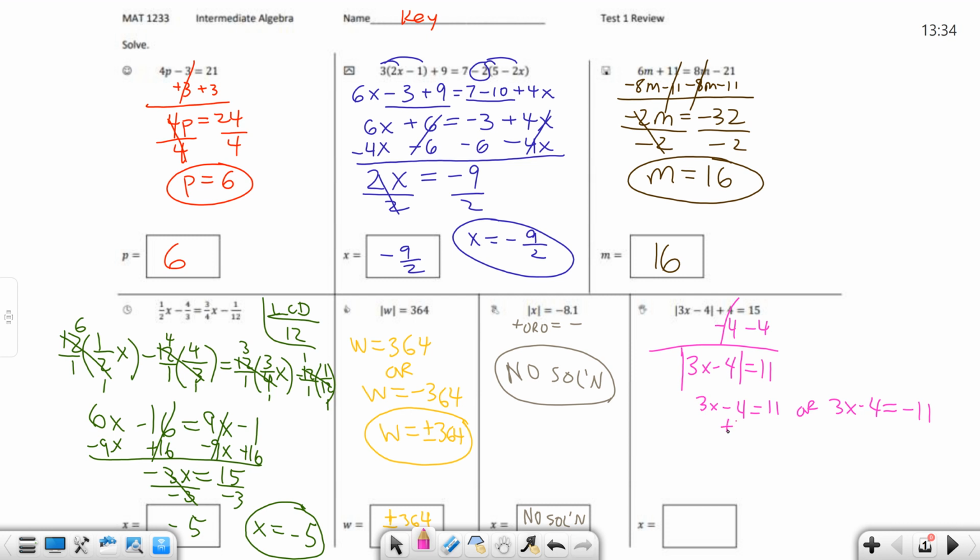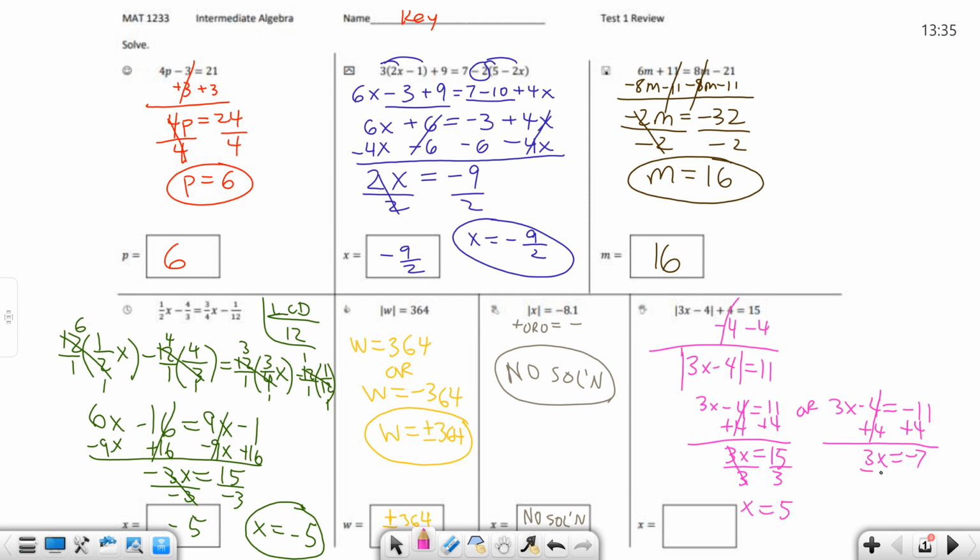So then we solve each one of these. We're going to add 4. And this is something you should just do and look up and say, oh, Mr. Guest, you got it right. Divide by 3, we get x is equal to 5. Over here we add 4, but this time we don't get 15. We get 3x equals negative 7, right? Negative 11, positive 4, different signs. 11 minus 4 is 7. 11 is larger.